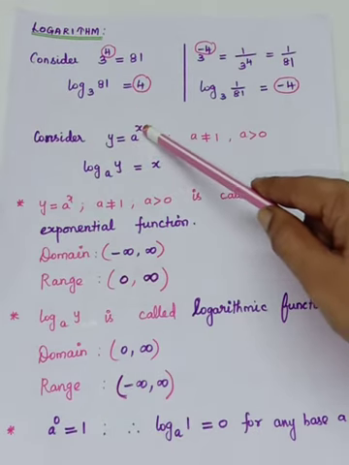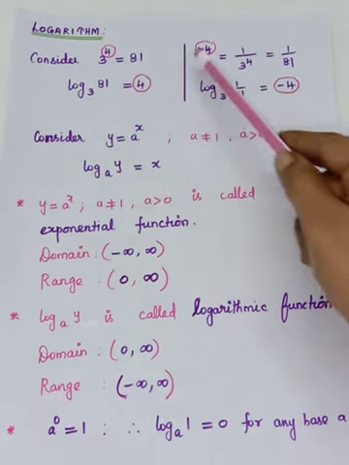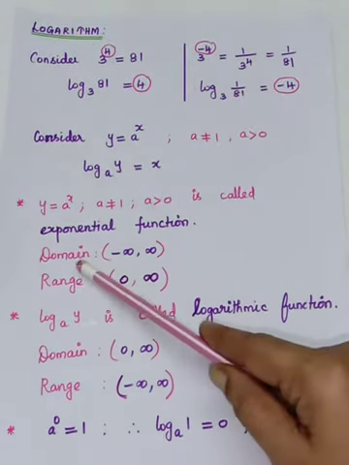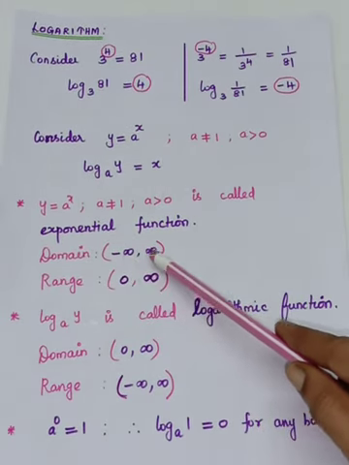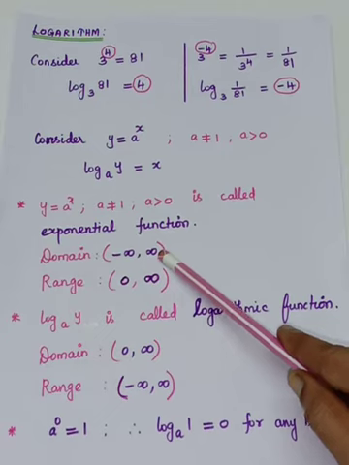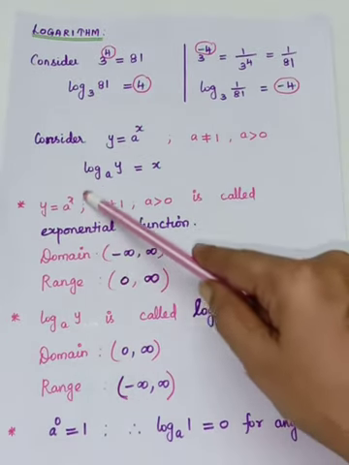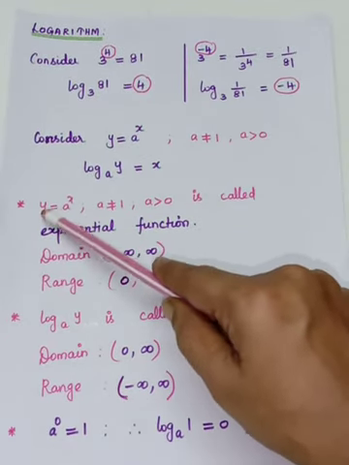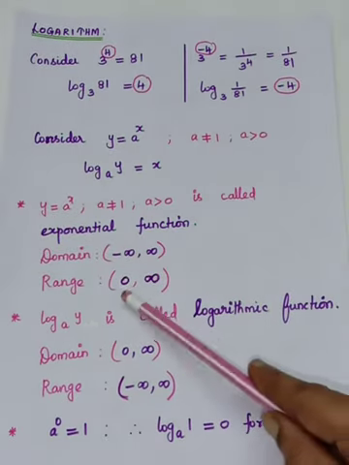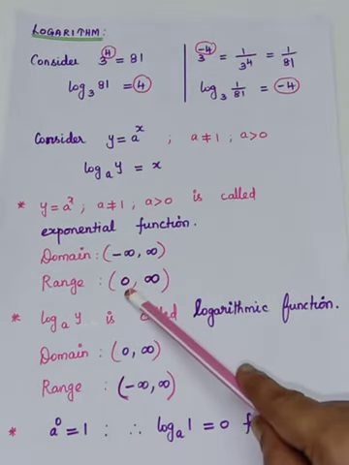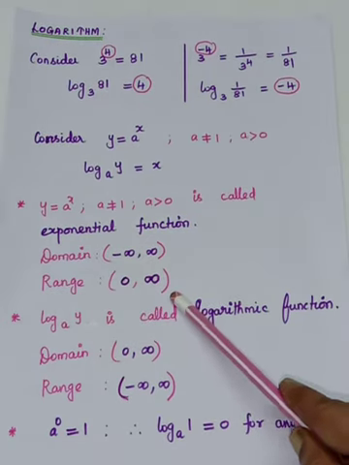The power may be positive, negative or fraction. Therefore the domain of the exponential function is minus infinity to plus infinity. And the range is the y value. It is always positive, so the range of the exponential function is 0 to infinity.